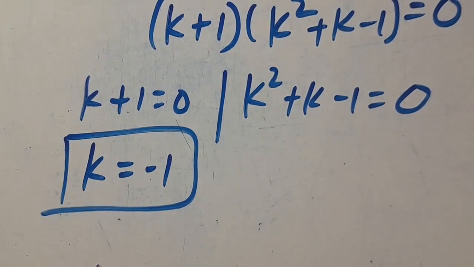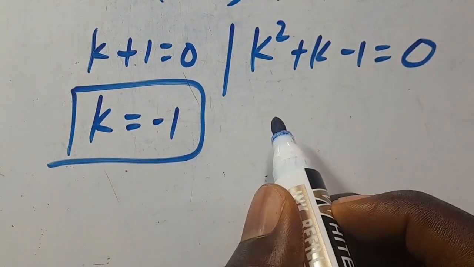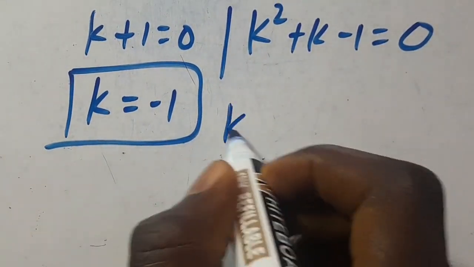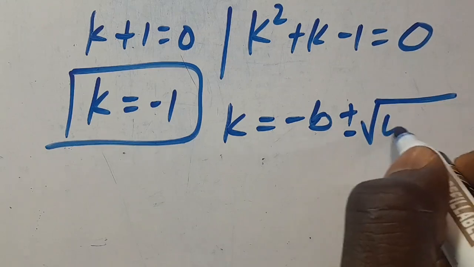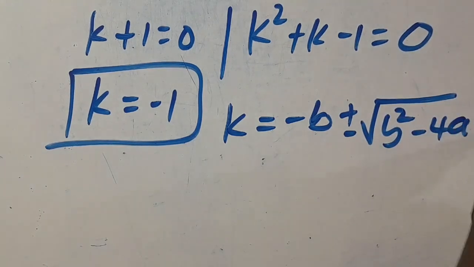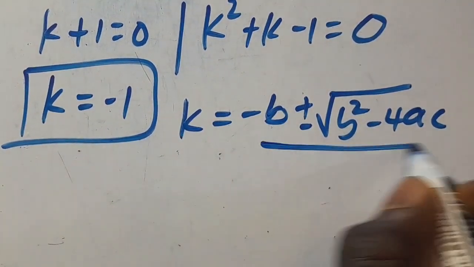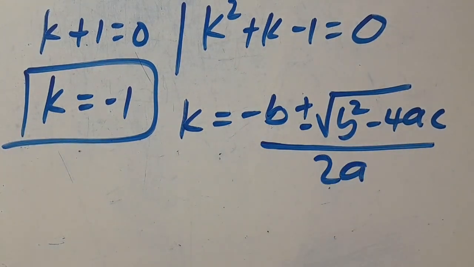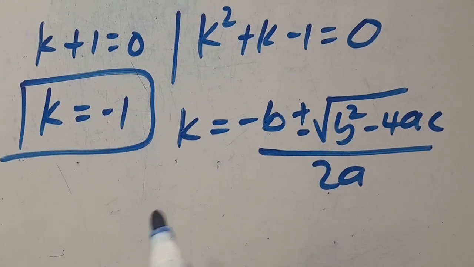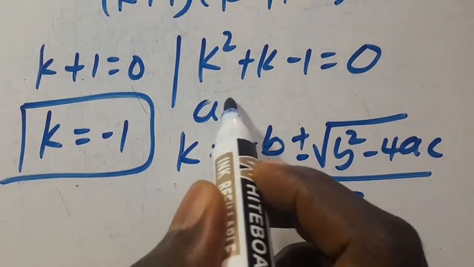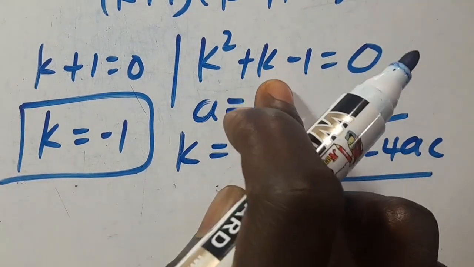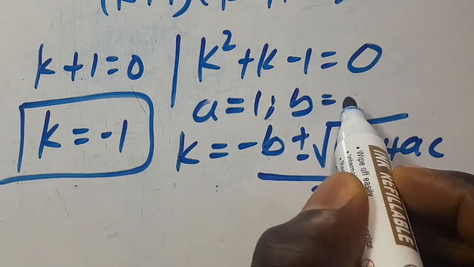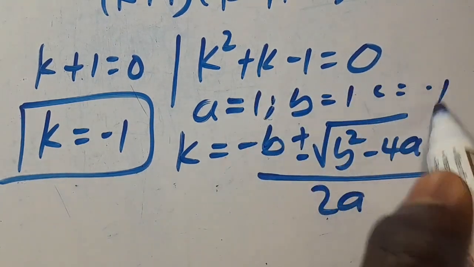So now, let's apply the quadratic formula to get the other solution. So we are going to have k equals minus b, positive or negative, square root of b squared minus 4ac, divided by 2a. So we have a to be equals the coefficient of k squared, 1, and b to be equals 1, and c to be equals minus 1.